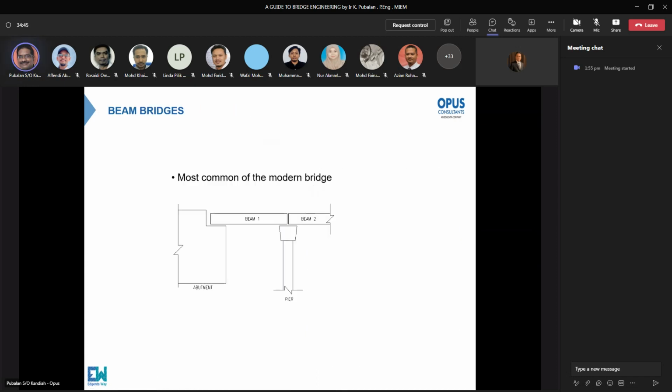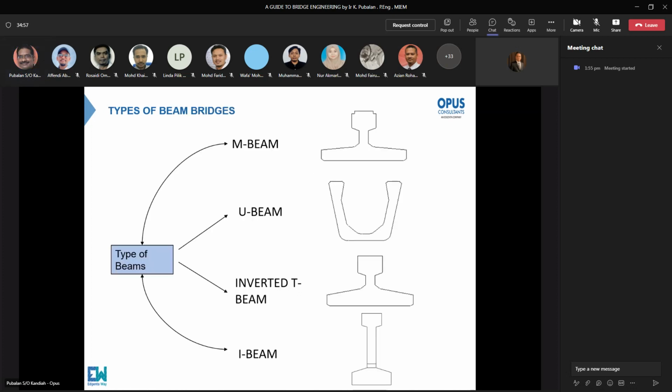So beam bridges, this is a sketch of a common modern bridge. You have beam, you have abutment, and you have pier. Types of beam, all right? You have N beam, you have U beam, you have inverted T, and you have I beam. N beam is given the name N because of the shape on top, like M like that.